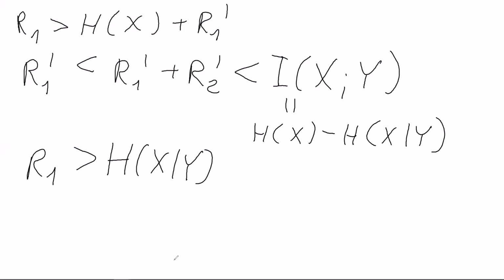Now let's clear the page. The same works for R2. It works in the same way, of course. Perhaps I just write it down. So we have that R2 is bigger than H of Y plus R2 prime.